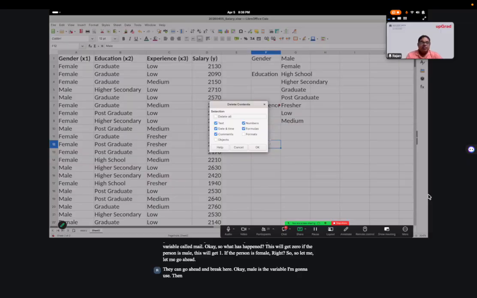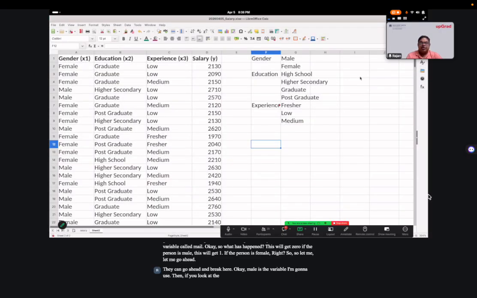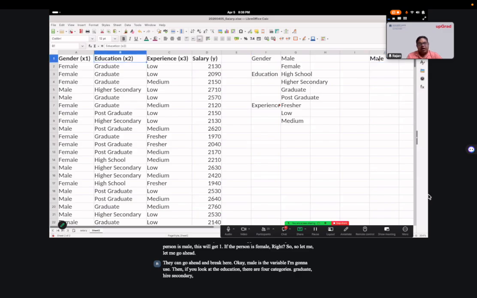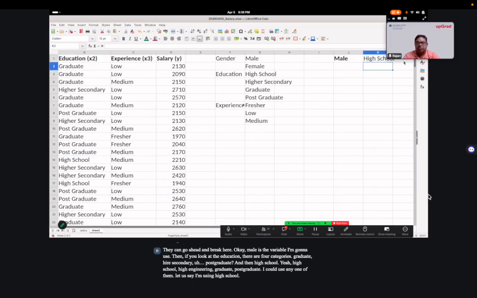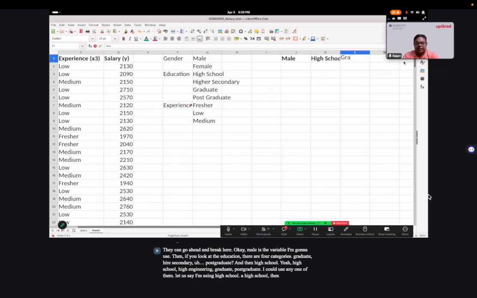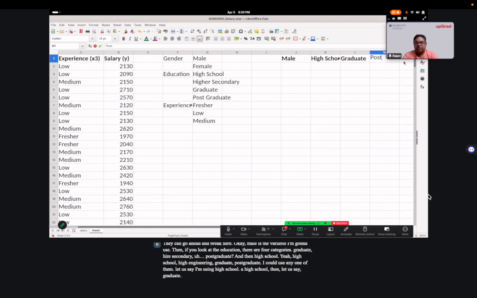Then, if you look at education, there are 4 categories: graduate, higher secondary, postgraduate, and high school. I could use any one of them. Let us say I'm using high school, then graduate, and then postgraduate.